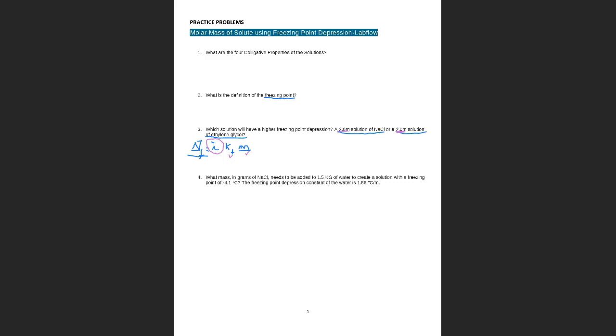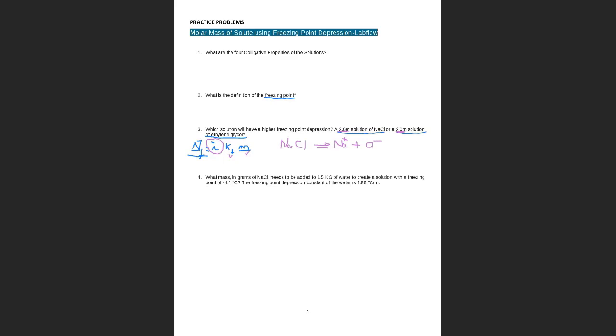The freezing point depression is proportional to the Van't Hoff factor. So now we need to know what is the Van't Hoff factor for sodium chloride and for ethylene glycol. Sodium chloride is an ionic compound, right? So when you put it in the solvent, there are two ions, sodium plus chloride.